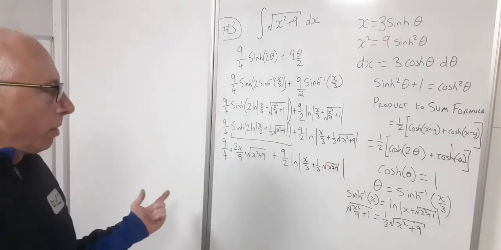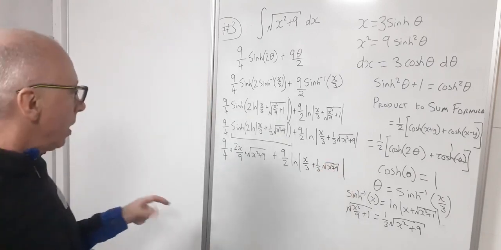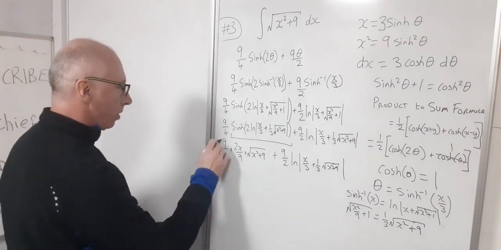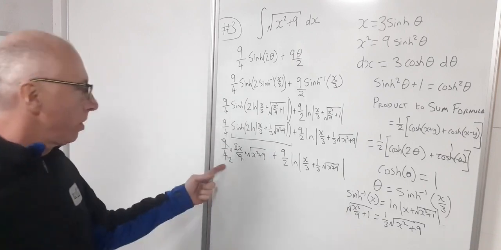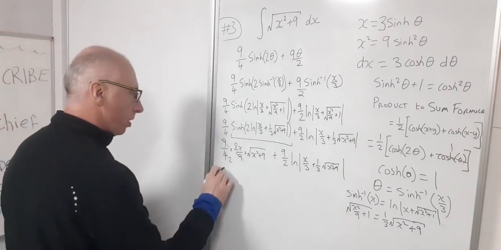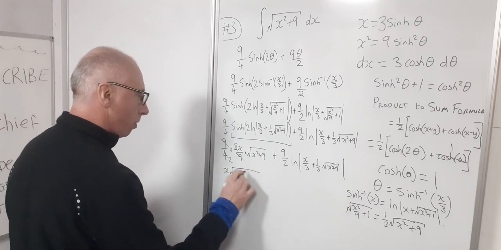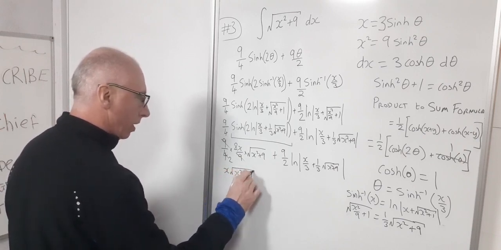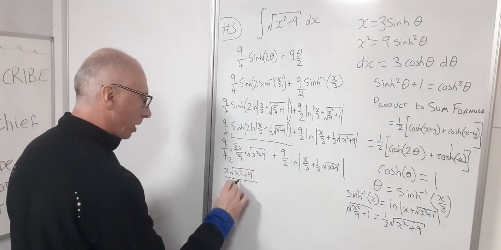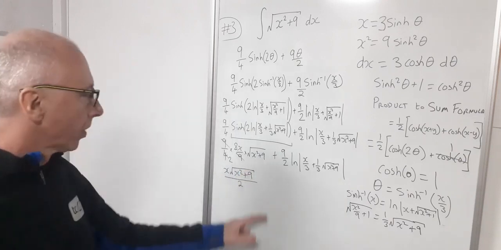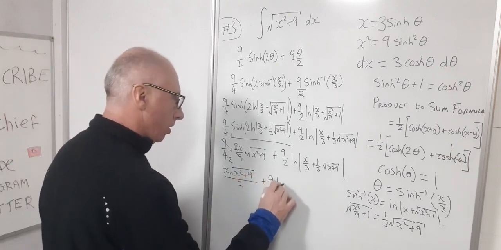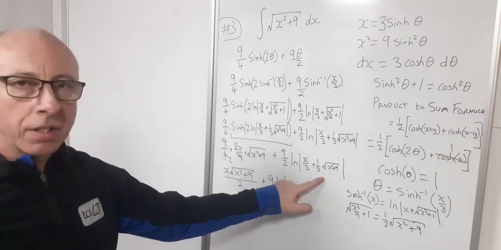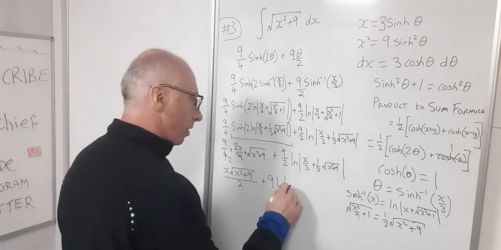And now we just need to simplify it off and put in our plus c. So these two 9's will cancel. This 2 will cancel, and that will become a 2 there. So now we've got x over 2. So that will become x times the square root of x squared plus 9, and that will all be over 2 plus 9 times the natural log. Now here I could factor out 1/3, so let's do that.